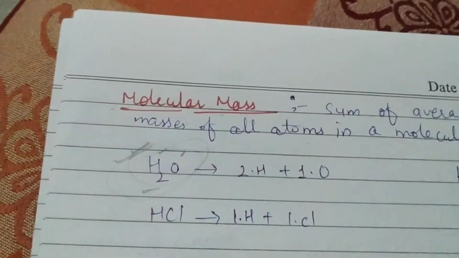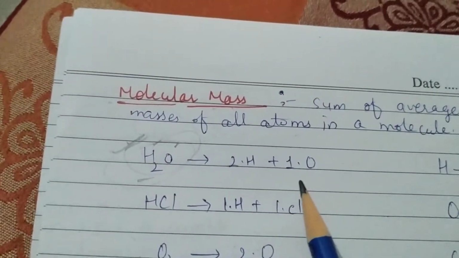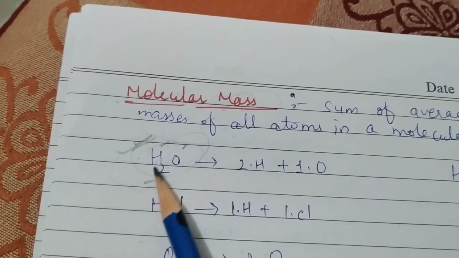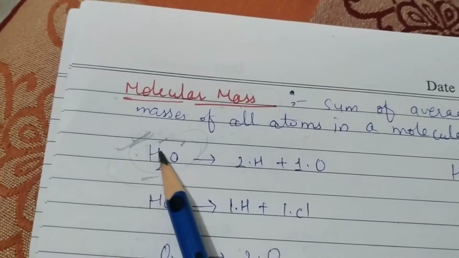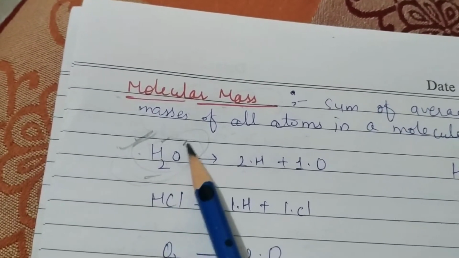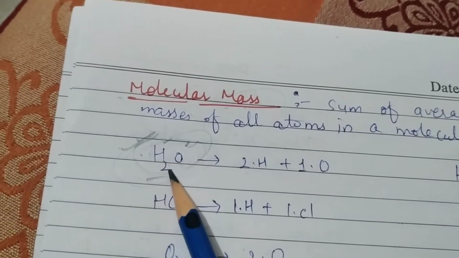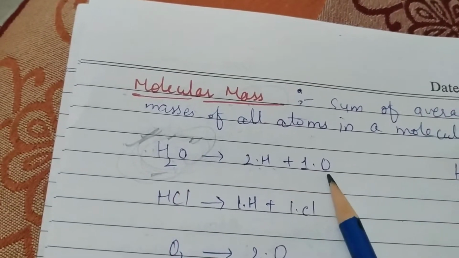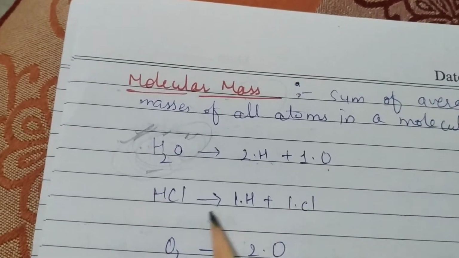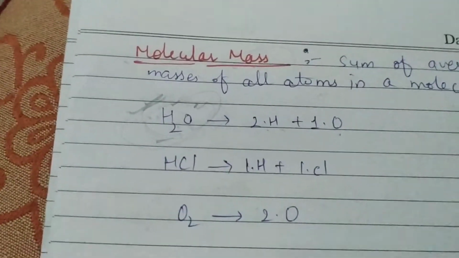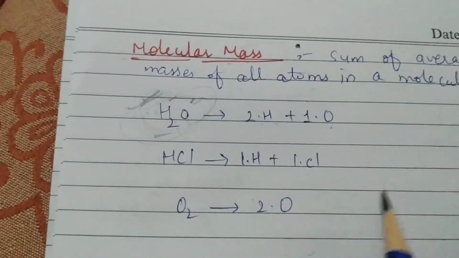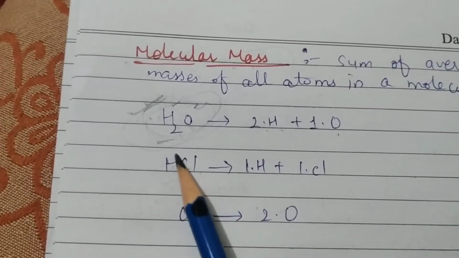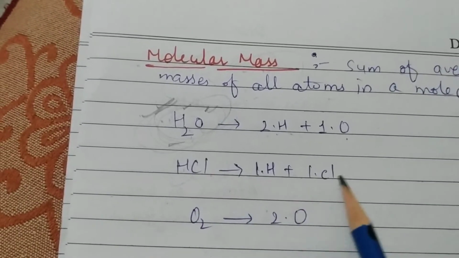So what we have to do, just see how many atoms are there. In H2O, there are two atoms of hydrogen and one atom of oxygen. Likewise, you can take any molecule, HCl, right? Here there is only one atom of hydrogen and one atom of chlorine.